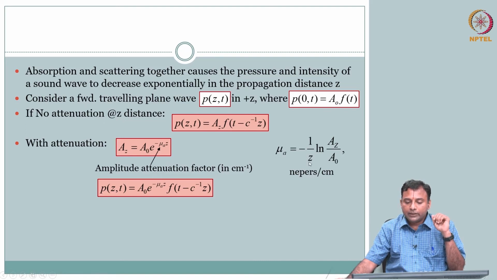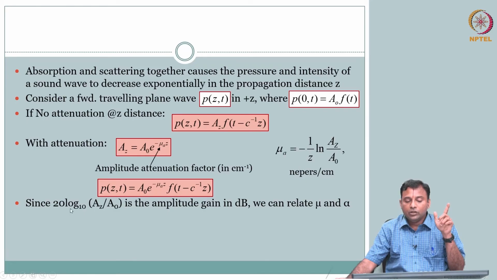So clearly you can see a relationship between your mu a and this natural logarithm, but we also talked about attenuation. We talked about this amplitude attenuation factor, but just before we called something the attenuation coefficient. So there should be a relationship between those two.